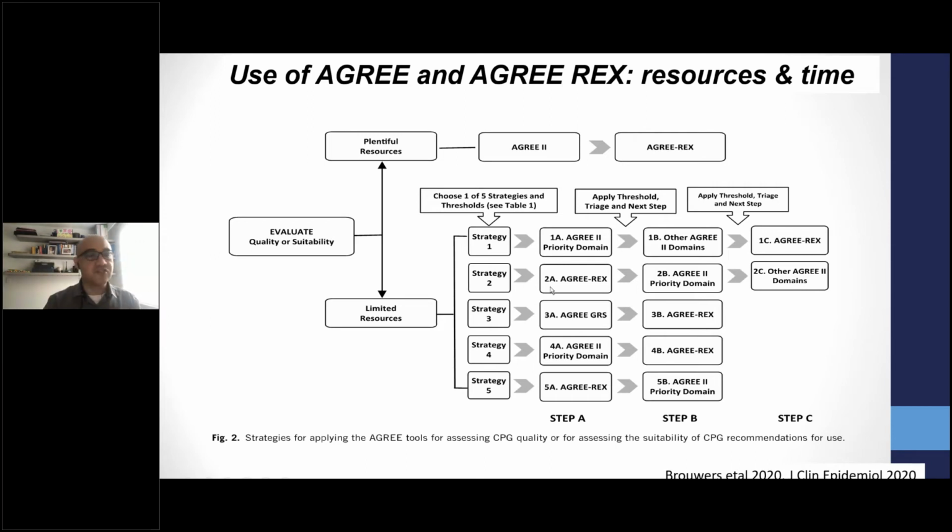And there are different approaches here, or you could use one domain for all the guidelines, as I explained before, and then when you filter the best guidelines, you could apply the full tool to the 5 guidelines that you just chose. So it's just different approaches that are available when you don't have too much time or too many resources, and you need to take a decision with a bunch of guidelines as soon as possible. Some approaches to use AGREE-REX and AGREE II. Next, please.